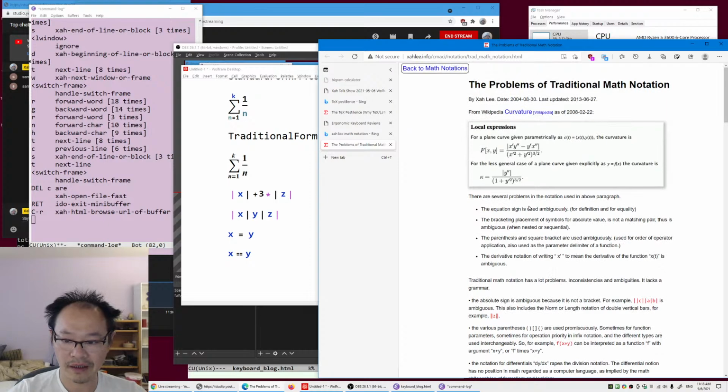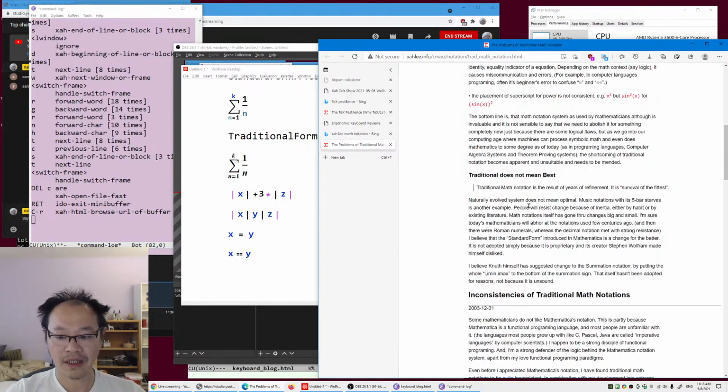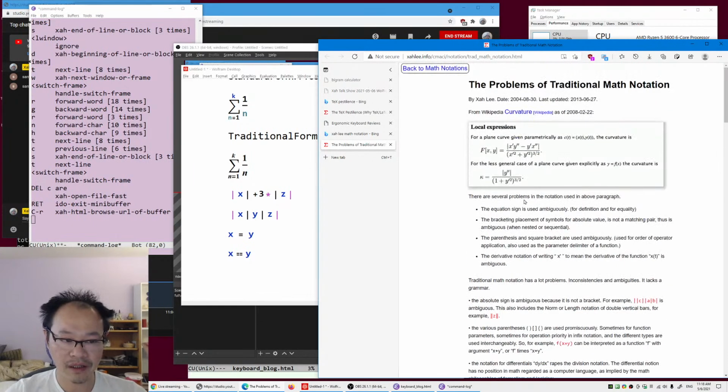For example, this is actually a non-trivial problem. This problem is non-trivial to the degree that it touches upon the fundamental problems of computation and mathematics, the relationship between math and computation.